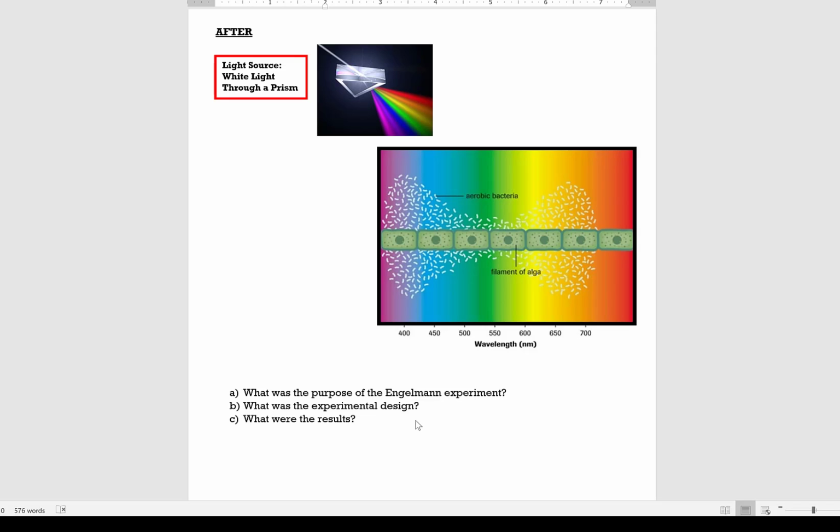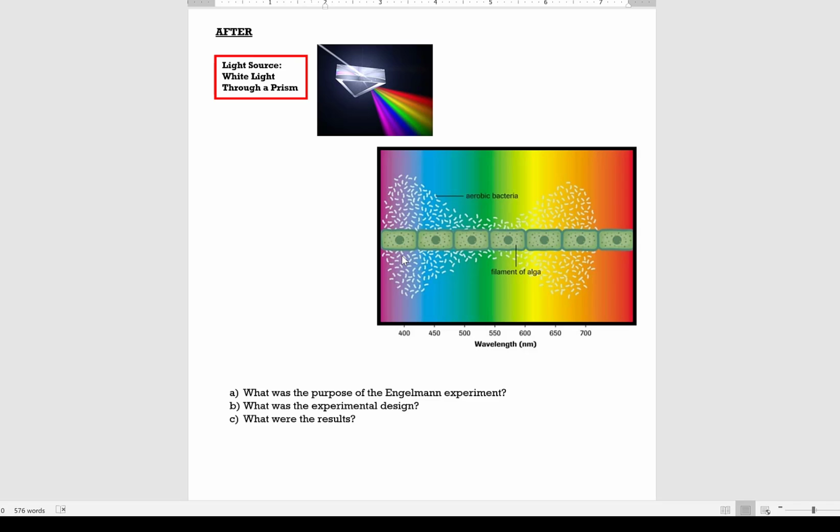The experimental design. You'll need to know that Englemann used a prism to take white light and divide it up into the different wavelengths. And you'll need to know that he used algae as the photosynthetic organism.